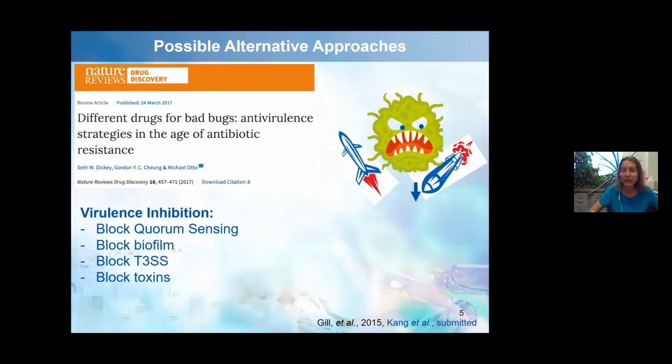One of the ideas behind antivirulence is, let's start with this dangerous pathogen with a wide armamentarium of toxins and other virulence factors, and then we'll just block their production. This way, the bacteria is still inside of the host, but we're forcing it to acquire a commensal-like state under which not much host damage can occur.